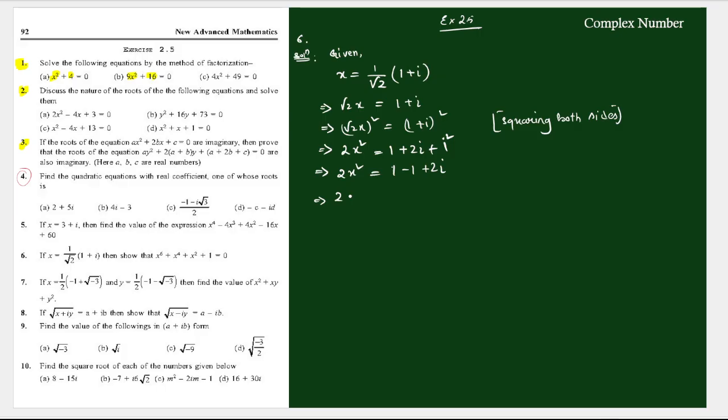That means 2x square equal to 2i. 2 cancel, we have got x square equal to i. x square is equal to i.